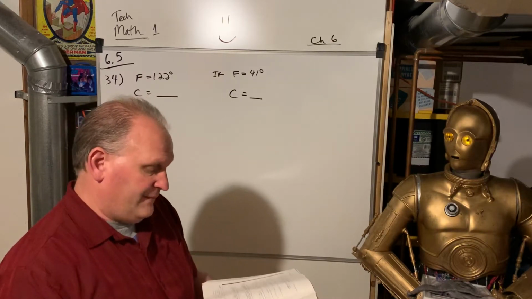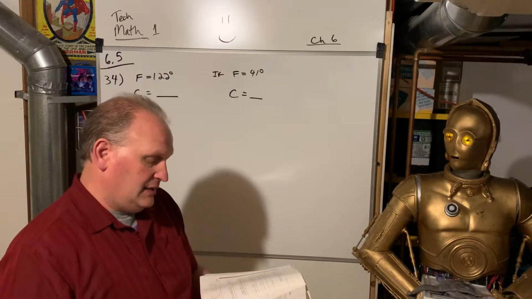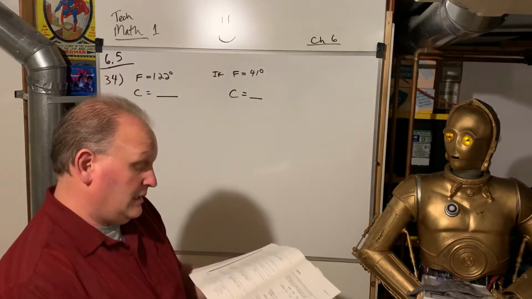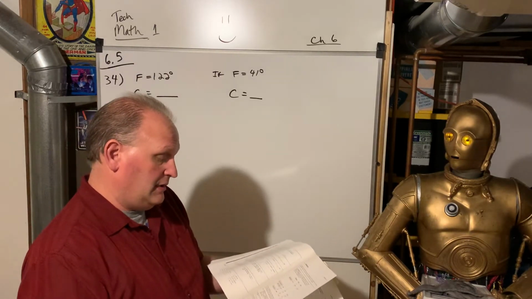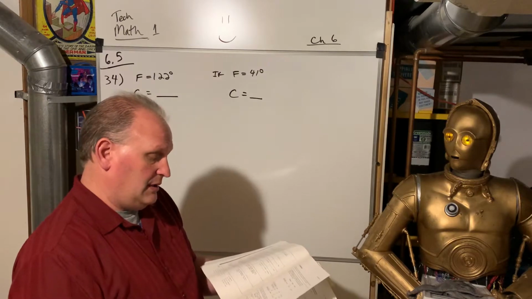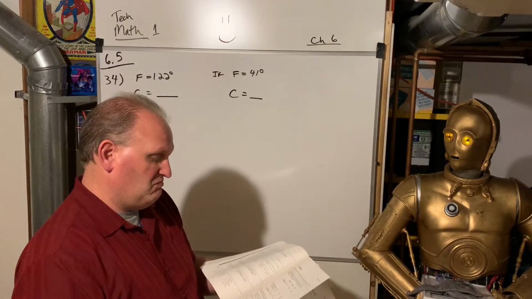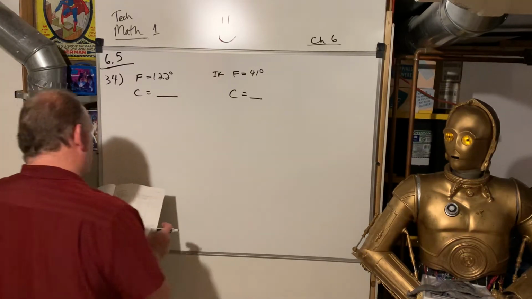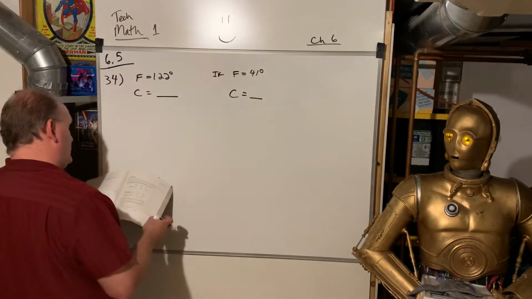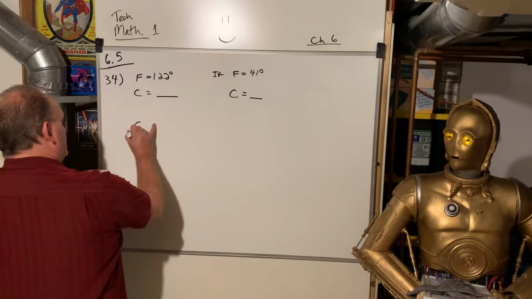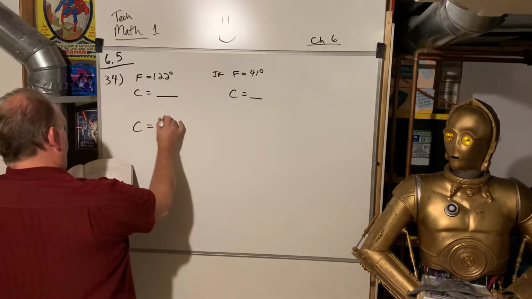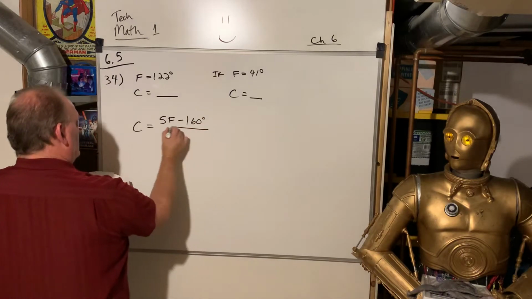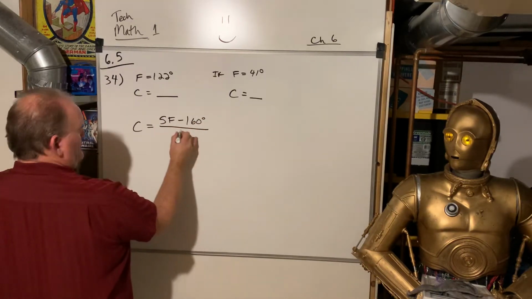They actually have three different formulas on the page before. I think this is the easiest out of the three. On number 34, they've got Celsius is equal to 5F minus 160, and then all over 9.